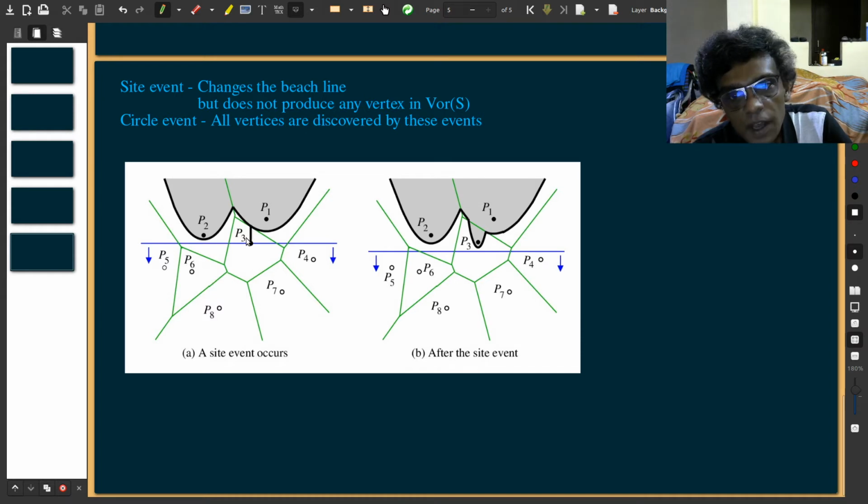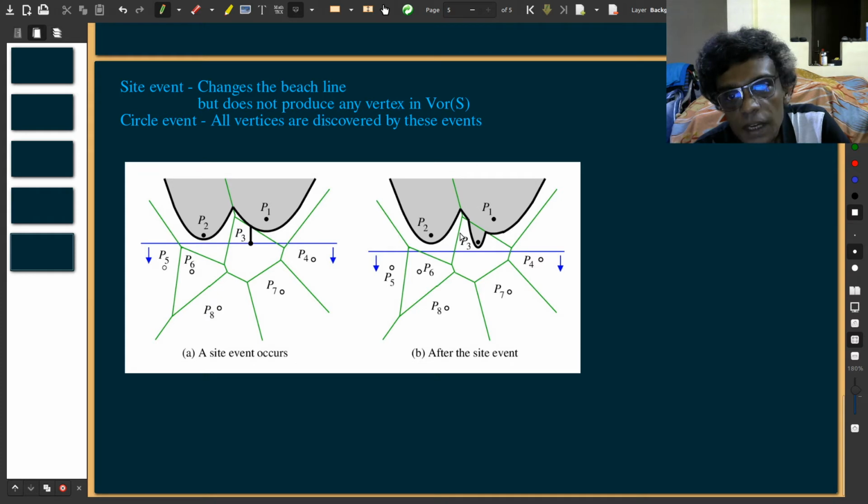After some more sweep of the sweep line, as it moves further down, this parabola becomes non-degenerate and opens up.